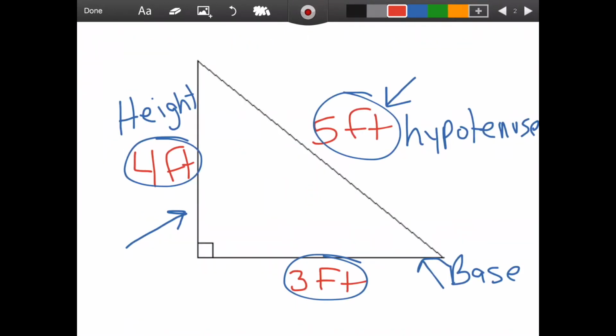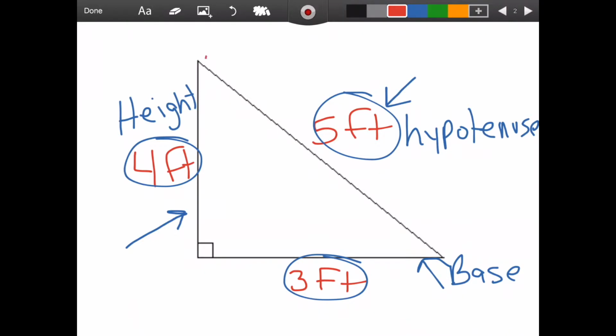Now, when it comes to the area of that right triangle, we have to remember to think about something that we already know. One thing that we already know is how to find the area of a square or a rectangle. So you may notice that a right triangle looks like half of a square or a rectangle. So what we can do is add another triangle, put it together, and make it into a rectangle.